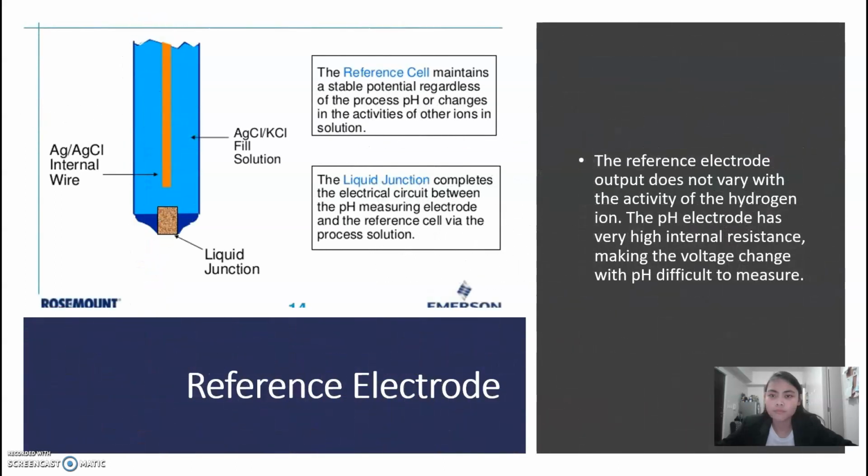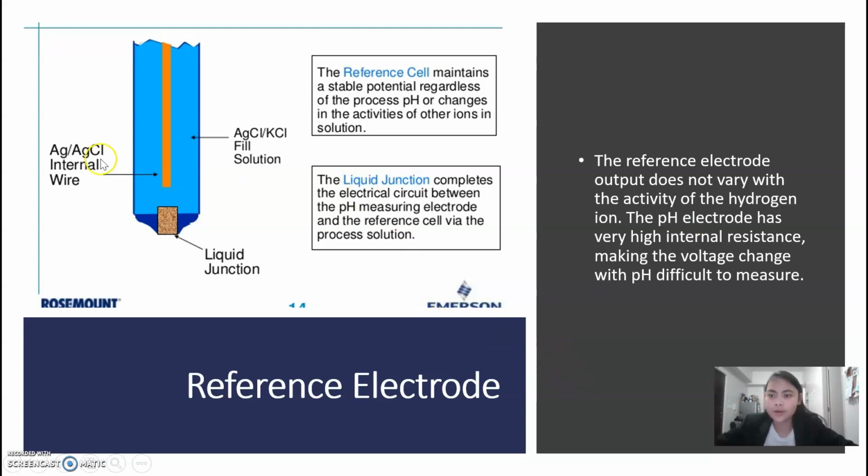Reference electrode. The reference electrode output does not vary with the activity of the hydrogen ion. The pH electrode has very high internal resistance, making the voltage change with the pH difficult to measure.